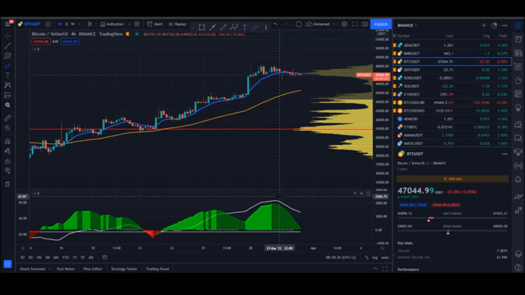And how can we confirm it? When the valley turns down and when the slope, the strength of the trend, turns down too.